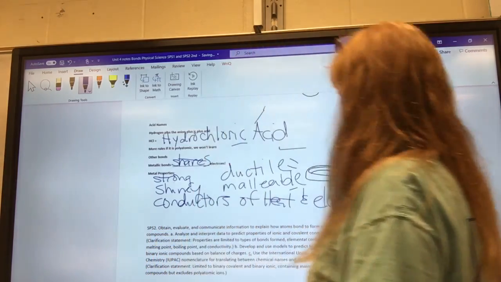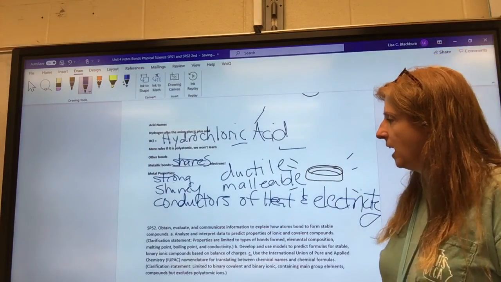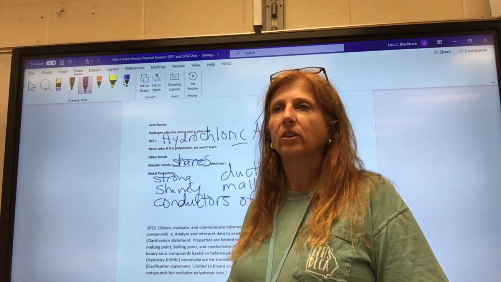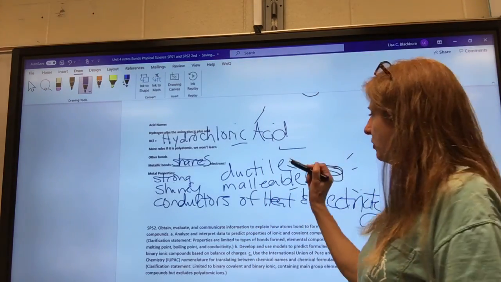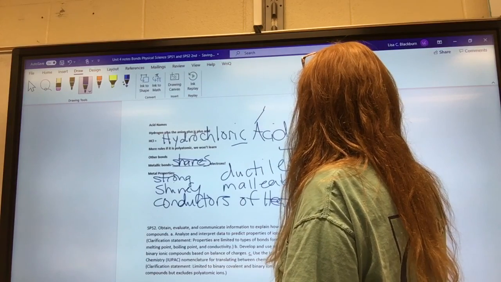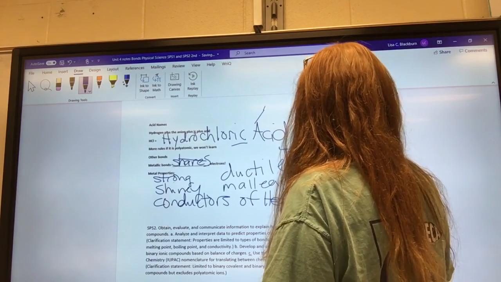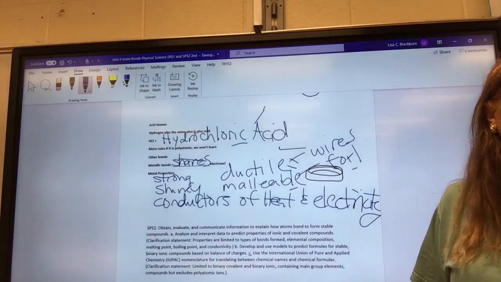They're ductile and malleable. So there's the one ring to rule them all. Wait, what does ductile mean? Ductile is you can make it into wires. Metals can be wires. They can be foil. So ductile is wires. And malleable means you can make foil out of it.